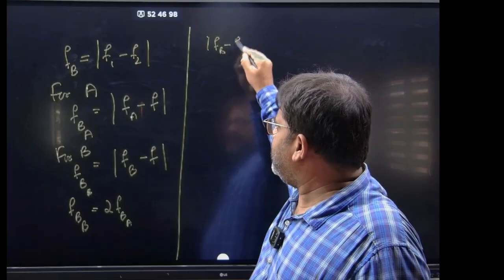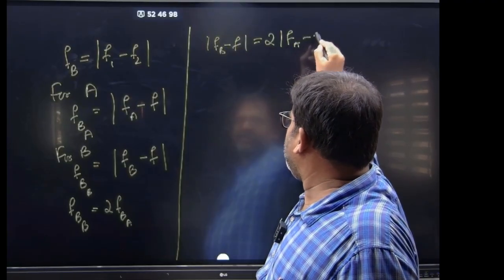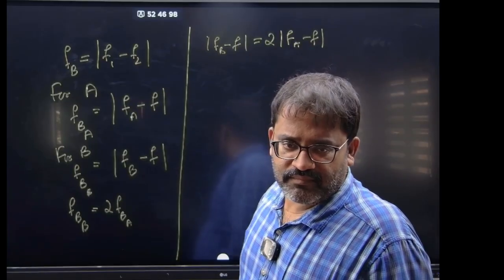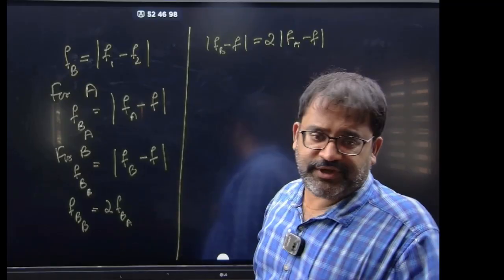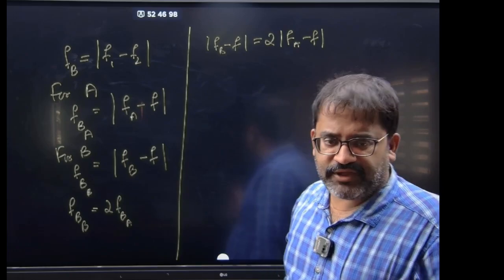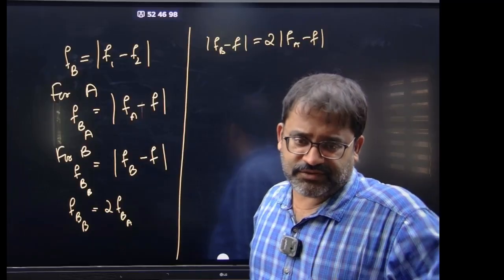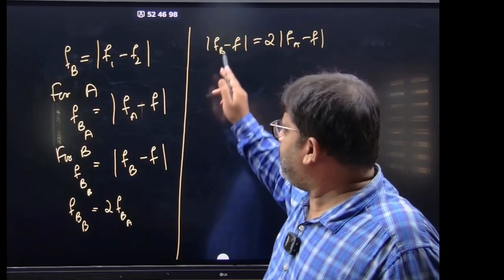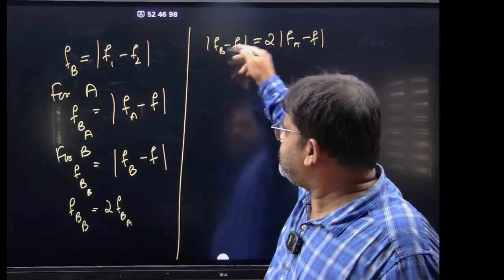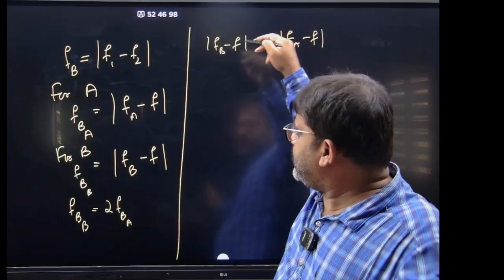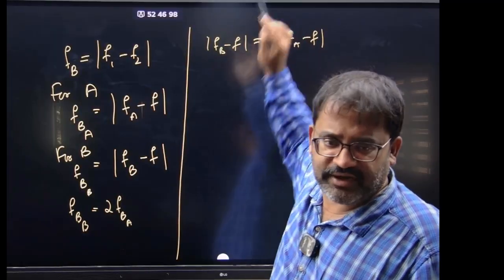Mod of FB minus F is equal to 2 times mod of FA minus F. Okay. Now, see, what we can get here are 4 different conditions. First condition, this is positive, this is positive. Second condition, this is positive, this is negative. Third condition, this is negative, this is positive. Fourth condition, this is negative, this is negative.